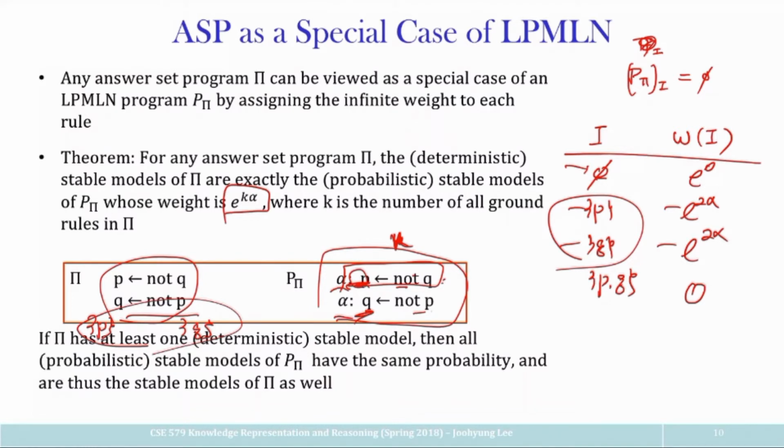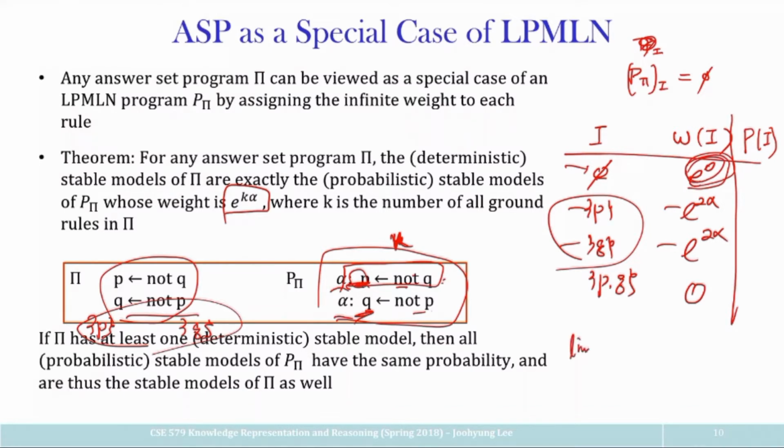Now if you look at the weight, of course this guy does not correspond to the original program. What I didn't say yet is the probability of pi. Okay? All right, so what is the probability in this case? Probability has to be normalized, right? So what is the probability of this guy? 0.